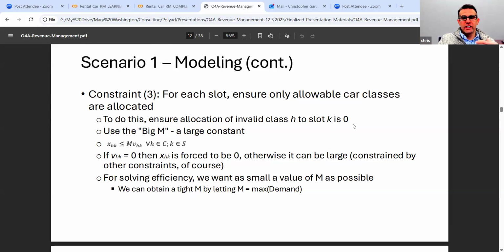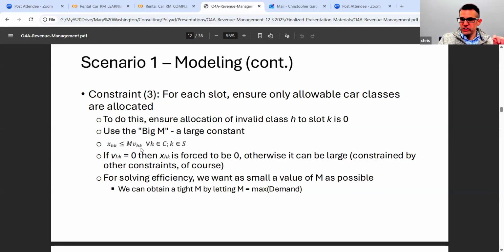And to do that, we're going to use a trick that's very common in operations research, which is to use the big M, where we just let M be a very large constant. Okay, and we're going to write the constraint like this: for all car classes H in the set of classes and all slots K, XHK, the cars of class H assigned to slot K, is going to be less than or equal to M times VHK.